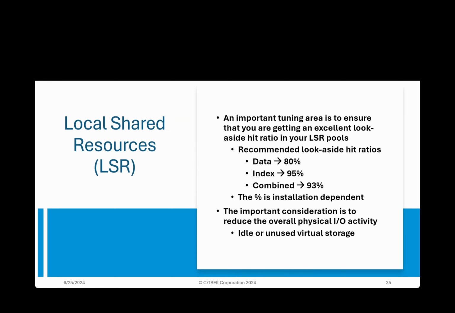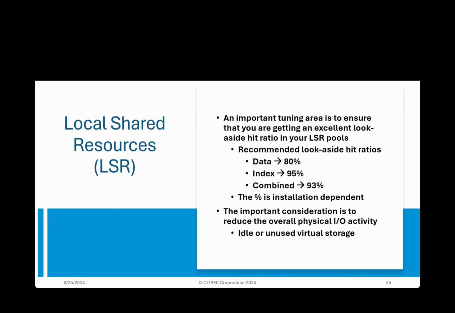And now, the recommended guidelines for the data and for the index, to know that you have sufficient buffers allocated, are 80% for the data. In other words, 80% of the time you should find the data in the pool, in the buffer. And 95% of the time you find the index in the buffer.